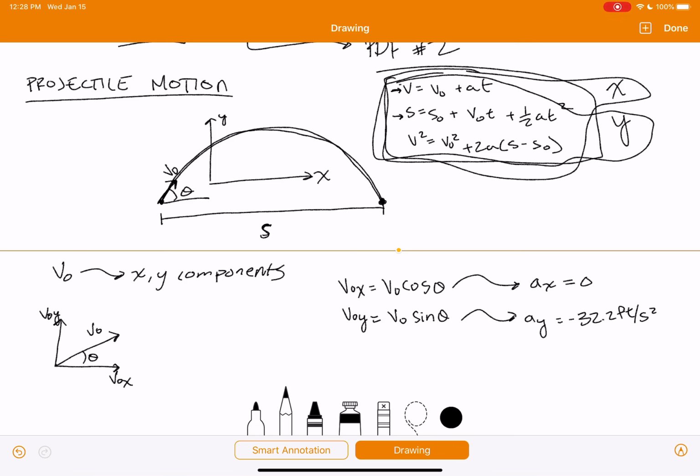Now this one has a final velocity in the x direction, which I don't know. And I also don't know time, so I can't use that equation. Now, if I look at this second one, I know acceleration, but I don't know this, and I don't know this.